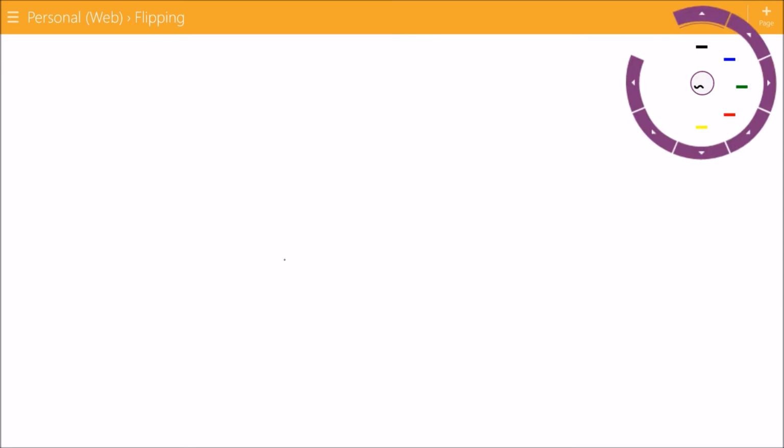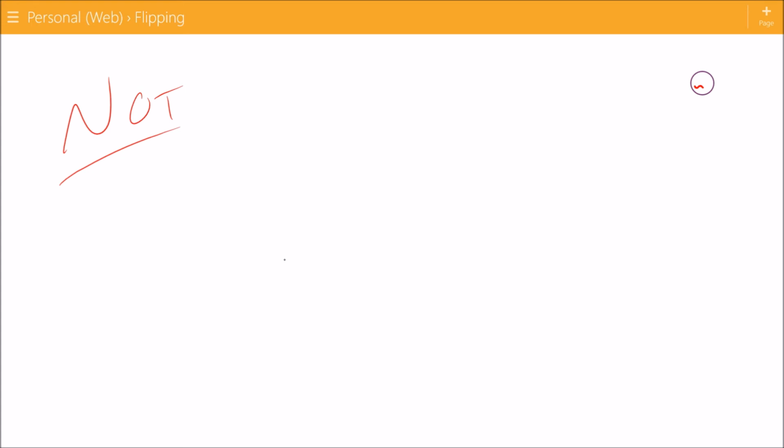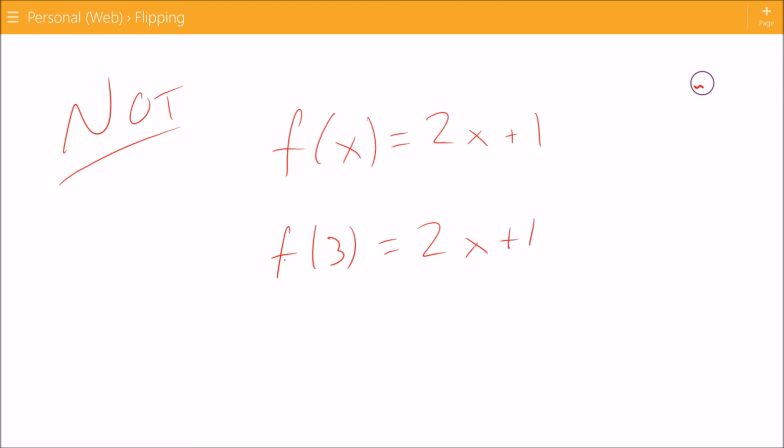But let me show you what function notation is not. I want to highlight this because I see mistakes like this all the time. If I have f of x equals 2x plus 1, and I want to plug in for f of 3, sometimes what I see is people think, oh, I've got a number right here, I've got f, I'm going to start multiplying.